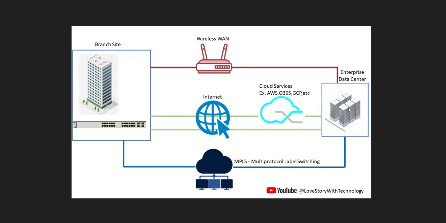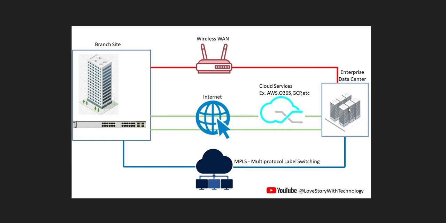So SD-WAN is basically software defined wide area network, an innovative approach to manage and optimize wide area network using SDN, again software defined networking. Traditional WAN relies on dedicated hardware and often complex configuration.